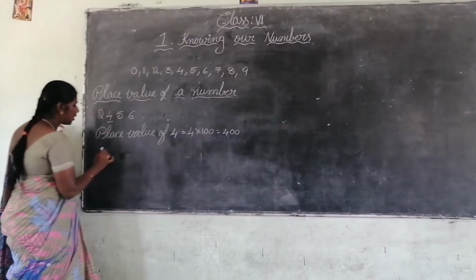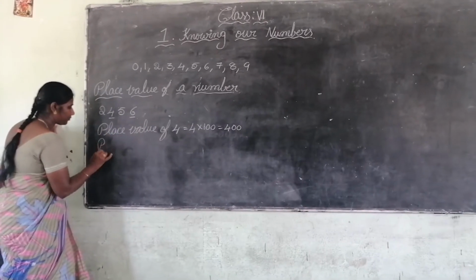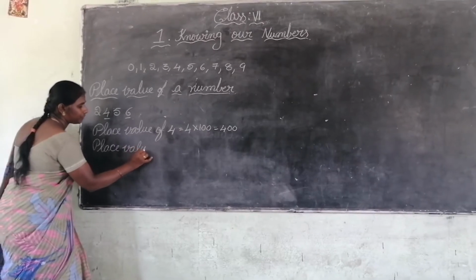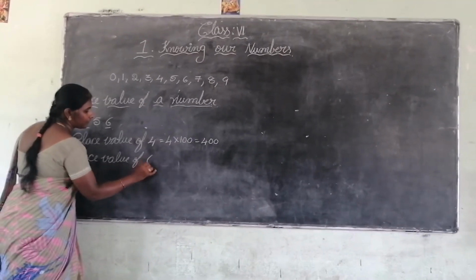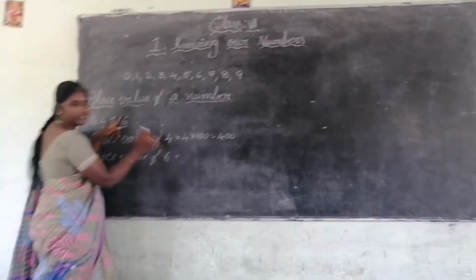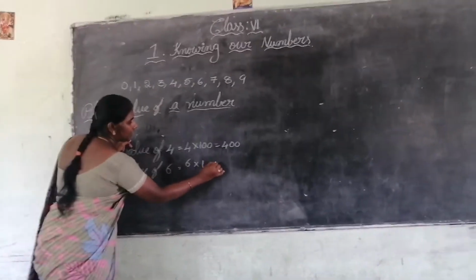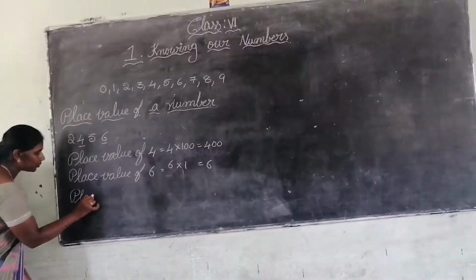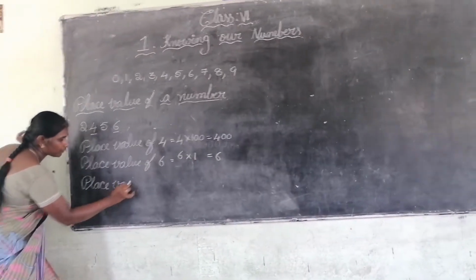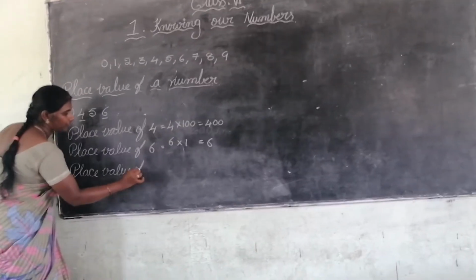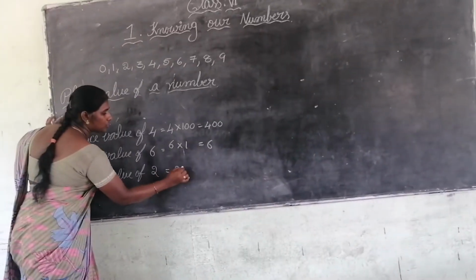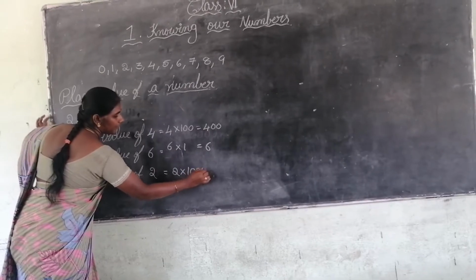What is the place value of 6? 6 is in the ones place. 6 into 1, 6. What is the place value of 2? 2 is in the thousands place. 2 into 1000, 2000.